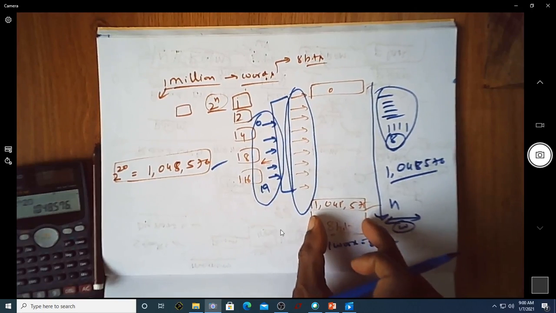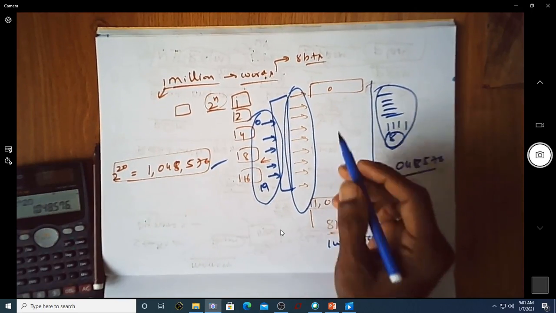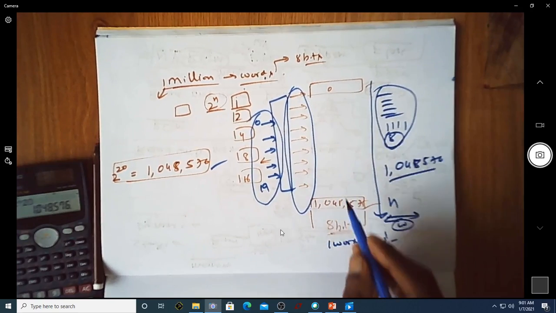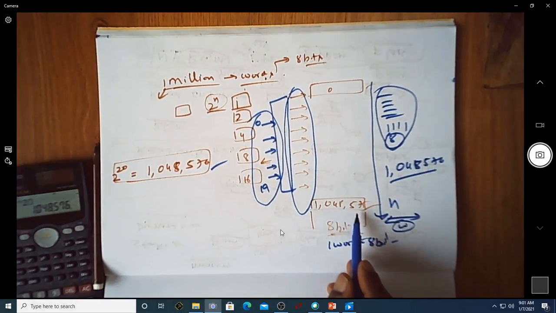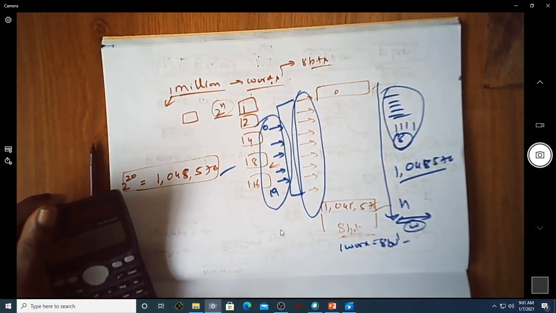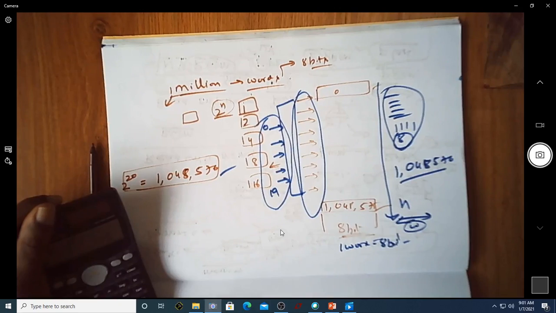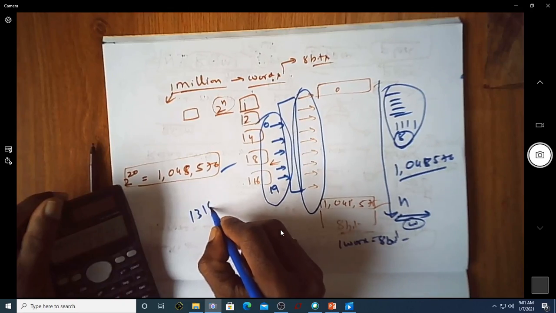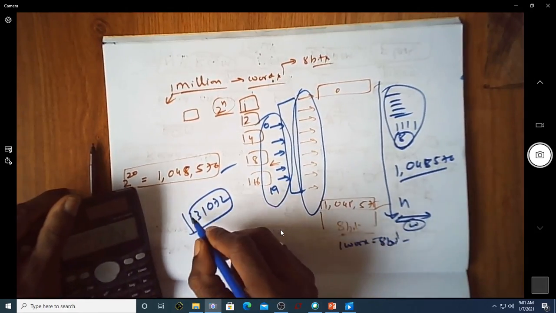We know the width is only 8 bits, but the number of words is so huge. The aspect ratio comes out to be 1,048,576 divided by 8, which is 131,072. This is very poor.